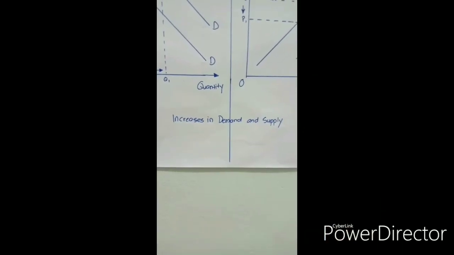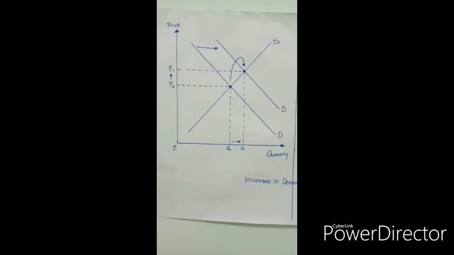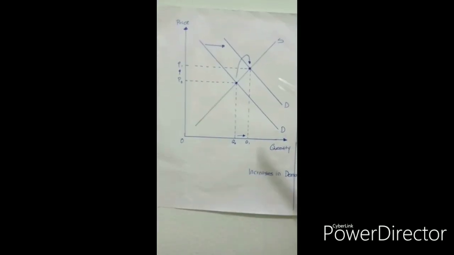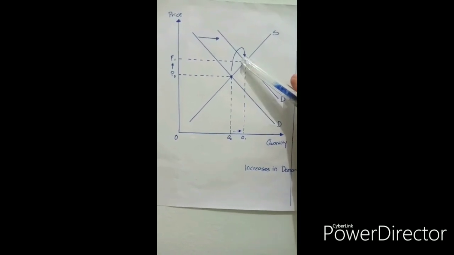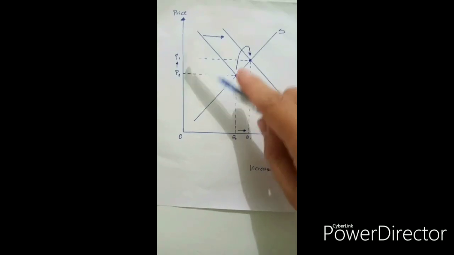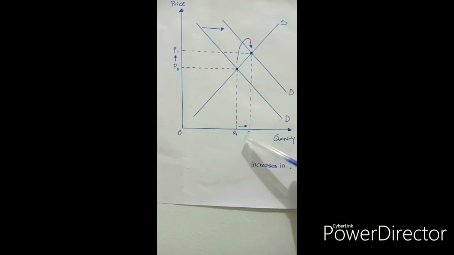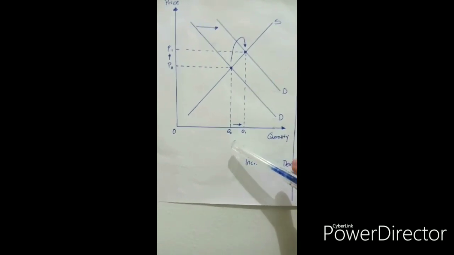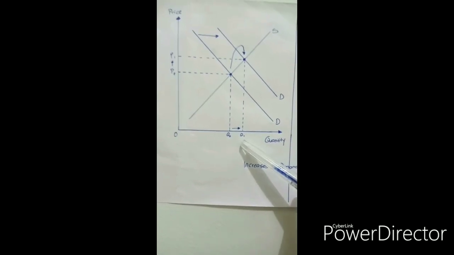Next, we will see the increase in demand and supply. Alright, for this graph, we can see that higher demand will lead to a higher equilibrium price, which is from P0 to P1, and also a higher equilibrium quantity, which is from Q0 to Q1.